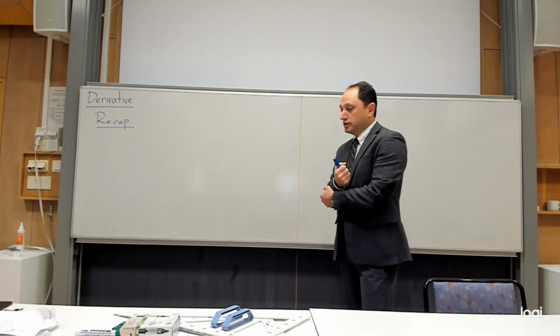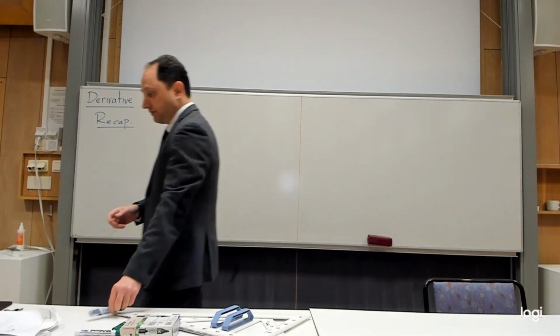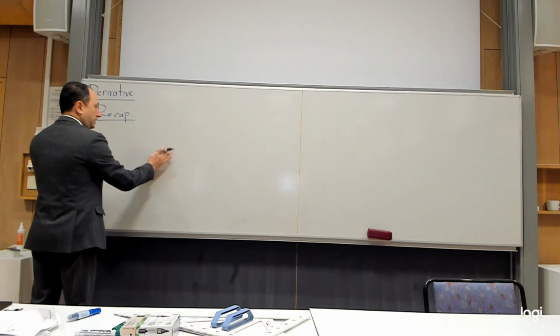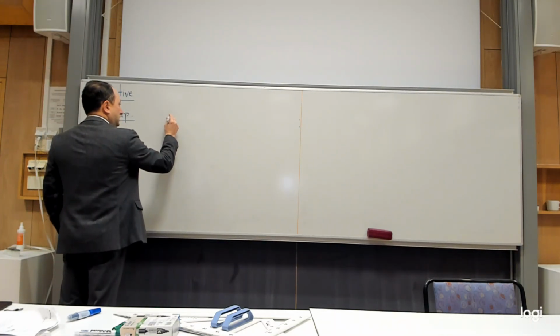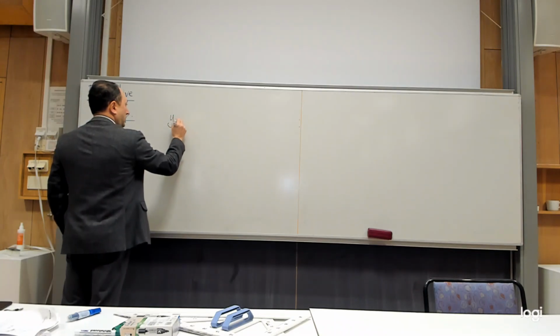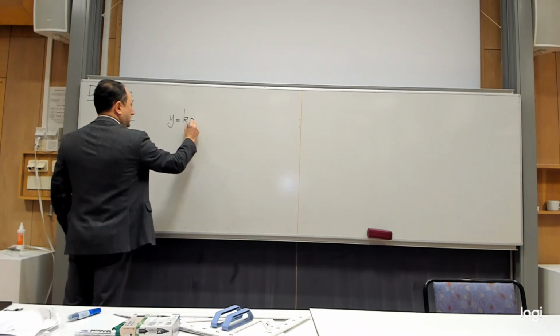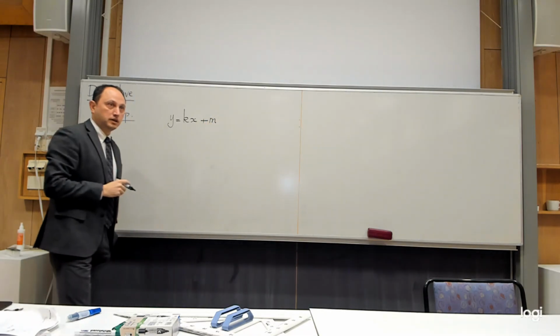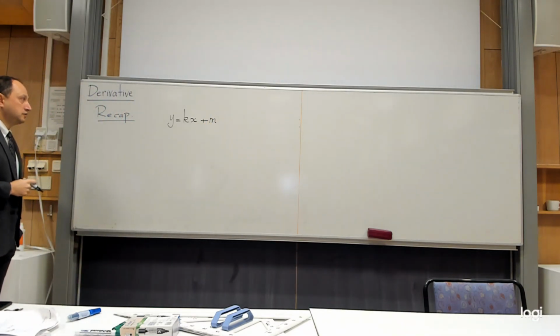Do you remember an equation for a straight line is in principle an equation of this form: y equals k times x plus m. You remember something like that? So that is an equation for a line.